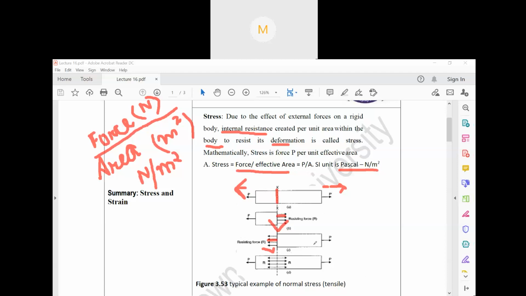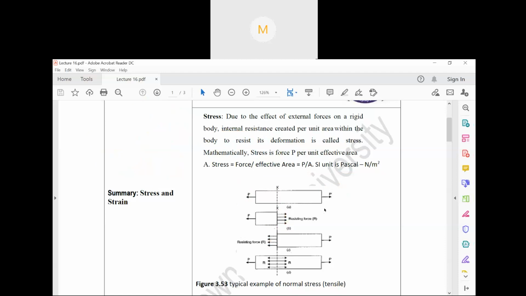If you see here, there is a pull from this side, so for this pull, the resistance is offered from this side.